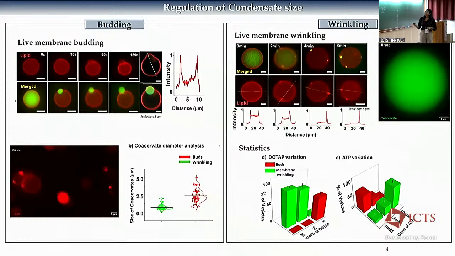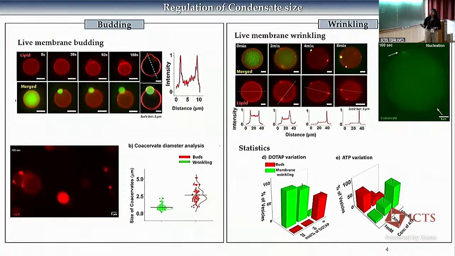So you can look at the video. Once they start nucleating on the membrane, they stay there. They're not able to fuse with each other, so their sizes get regulated. And wherever they are interacting with the membrane, you see a local fluorescence intensity increase.